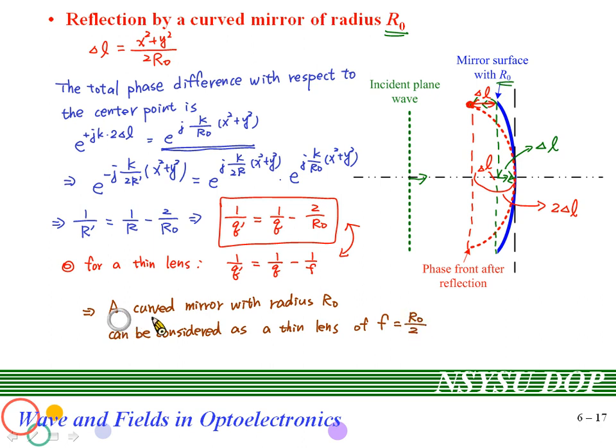Okay, what I am saying here is that the function of a curved mirror is just like a thin lens, with the focal distance defined as R0 over 2. So you don't have to remember the Q transformation of the curved mirror. You just have to keep in mind the Q transformation of a thin lens. But if you consider a curved mirror, the f here should be replaced by R0 over 2. Okay?